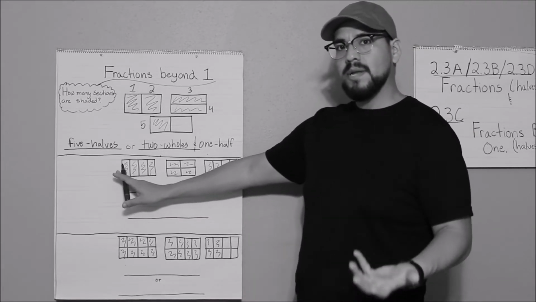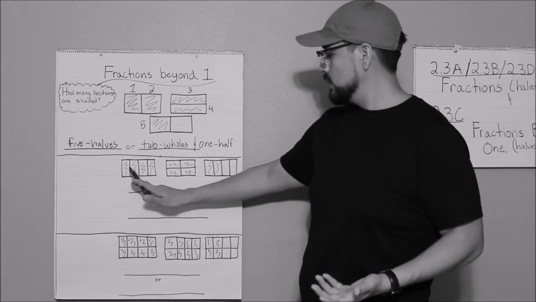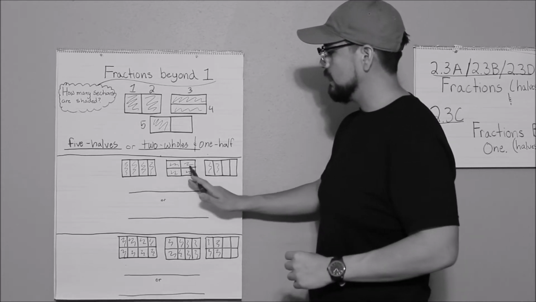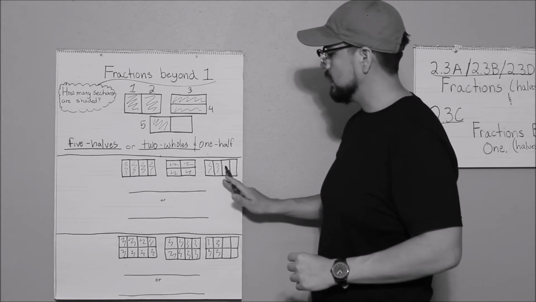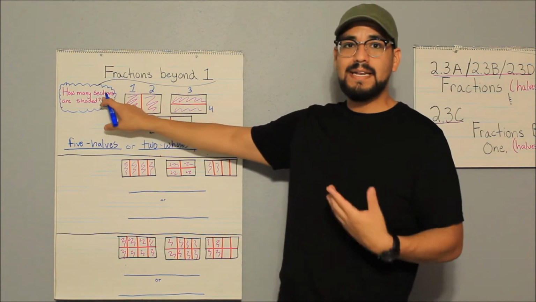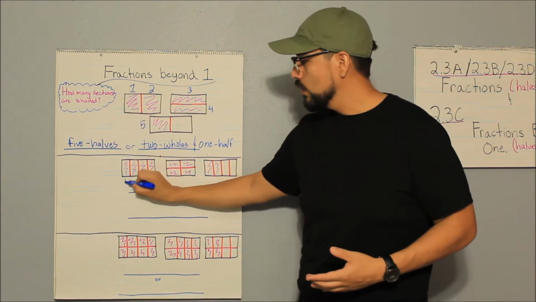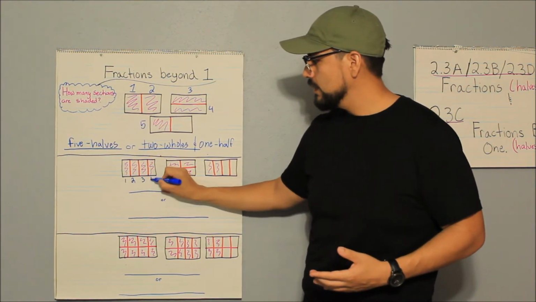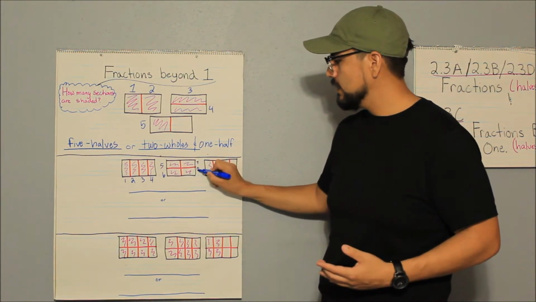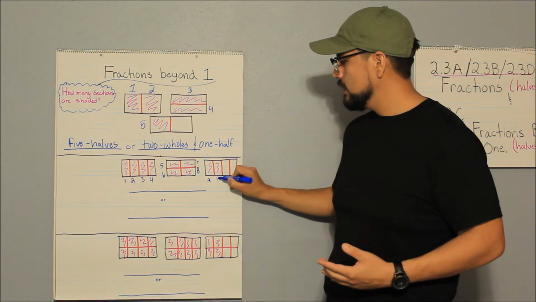So again, let's count how many parts we have. 1, 2, 3, 4, 5, 6, 7, 8, 9, 10, 11, 12. We have 12 fourths, but how many are shaded in? 1, 2, 3, 4, 5, 6, 7, 8, 9, 10.